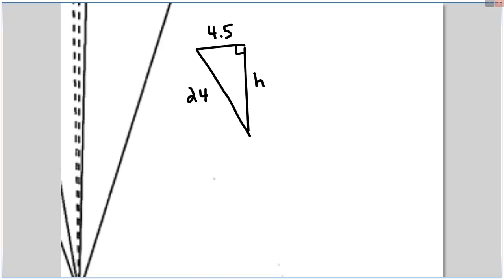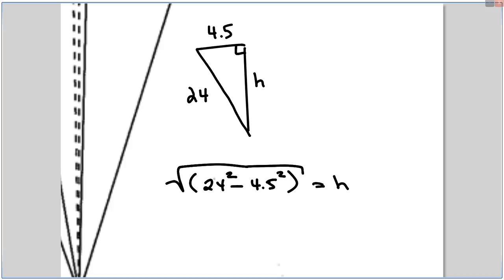If you do the shortcut for Pythagoras, what does it look like? Open up your square root. Tristan, start the bracket. Which number goes first, 24 or 4.5? Big number goes first because you can't square root a negative, so you've got to put the big number first. And then that'll solve for h.